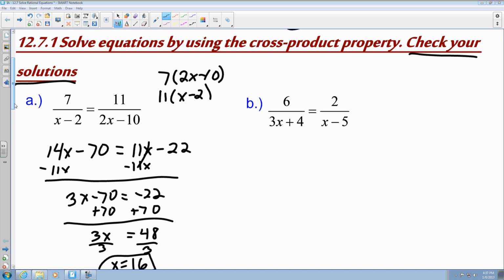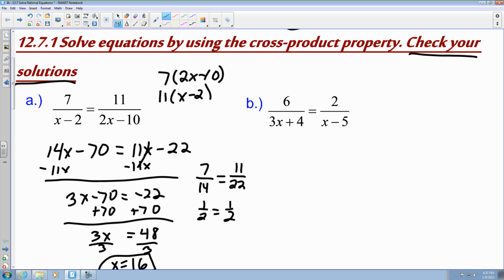So 7 over what? 16 minus 2 is 14, which equals 11 over 2 times 16, which is 32, and 32 minus 10 is 22. If I reduce 7 over 14 down to lowest terms, it's 1/2. And 11 over 22 is also 1/2, so it checks out.